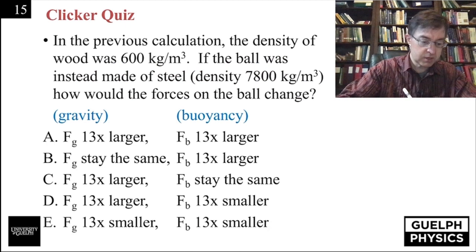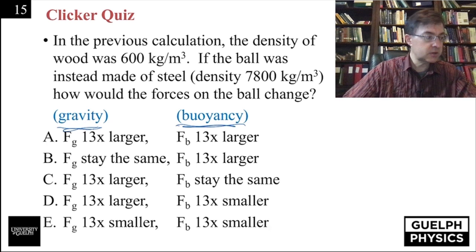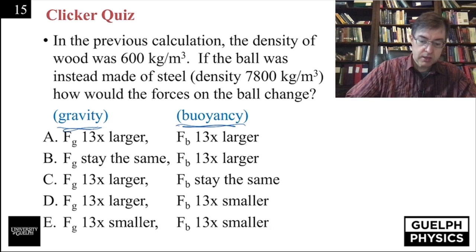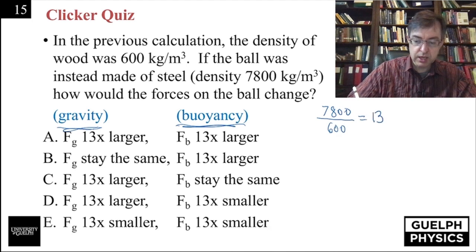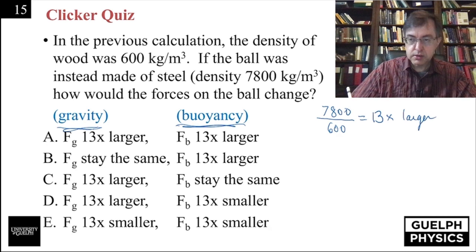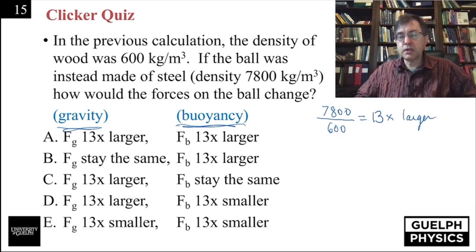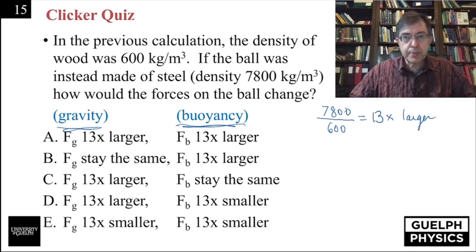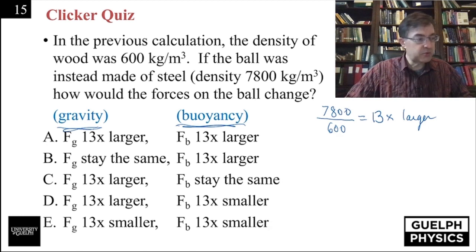The question gives you the gravity force, the weight, and the buoyancy force. So one thing to do, first of all, is to recognize that 7,800 divided by the original density of 600 is 13. It's 13 times larger. So the density of the object is now 13 times larger, and that's where this factor of 13 comes from.